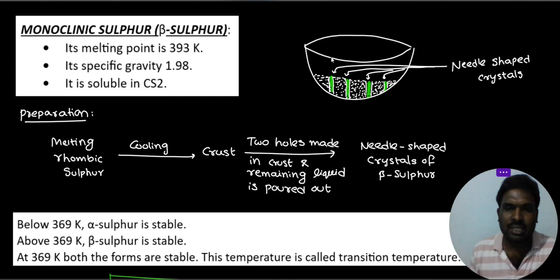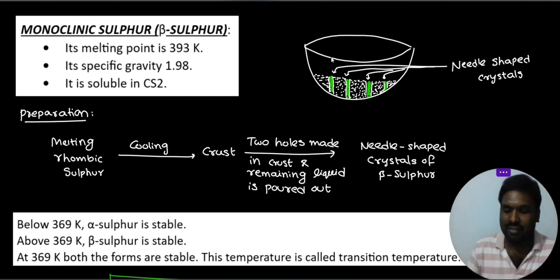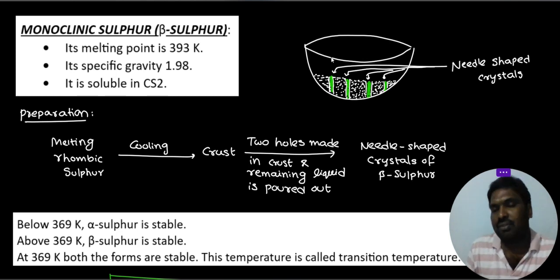Into those holes we can pour out the remaining liquid. Then needle shaped crystals are formed. You can observe in the diagram, needle shaped crystals are formed. Then if you remove the remaining crust, you get needle shaped crystals of monoclinic sulfur.